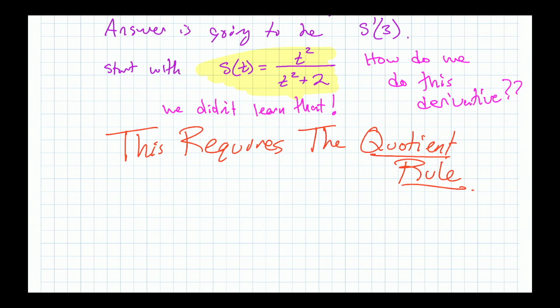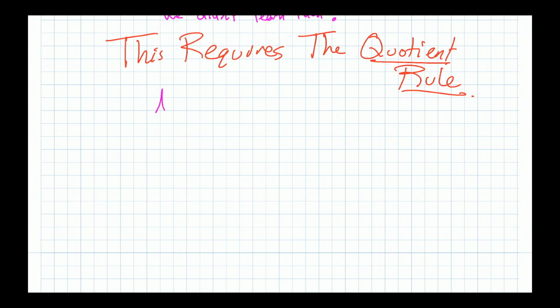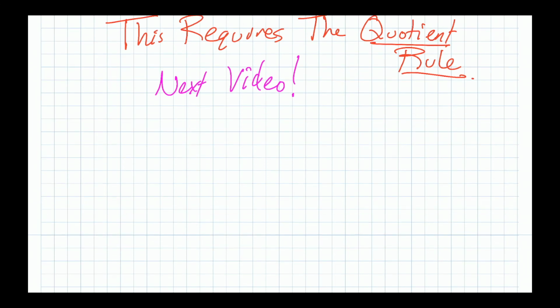I don't know why that's there. That really should not be in here. I think they screwed up. Let me do one that we can do, and we are going to have the quotient rule in the next video. All right, but let's come back to velocity though.